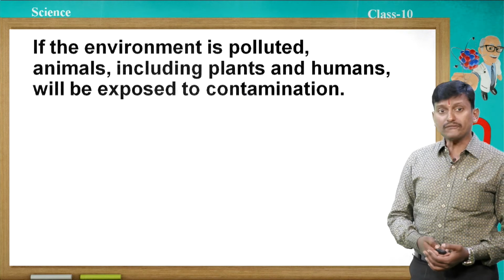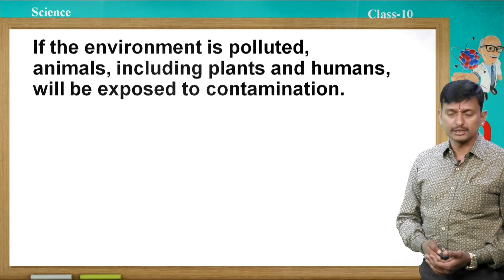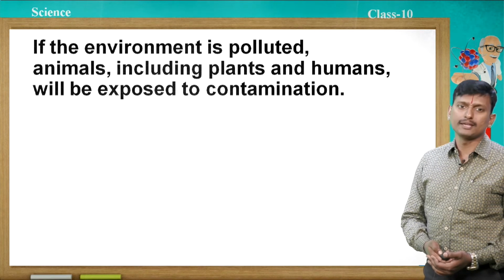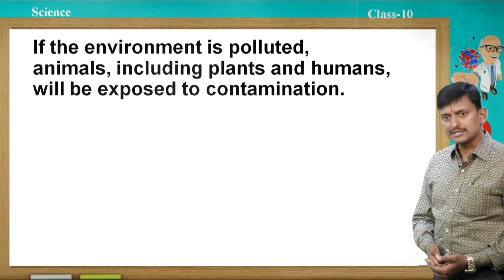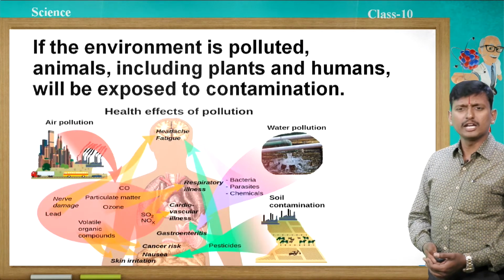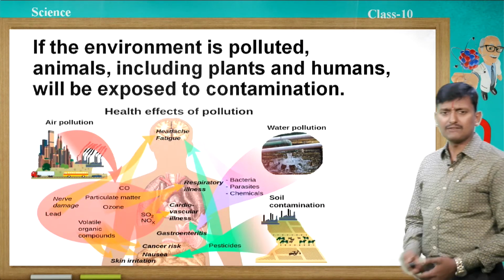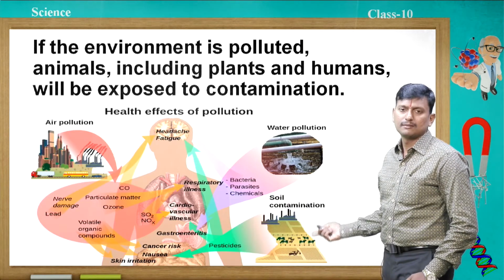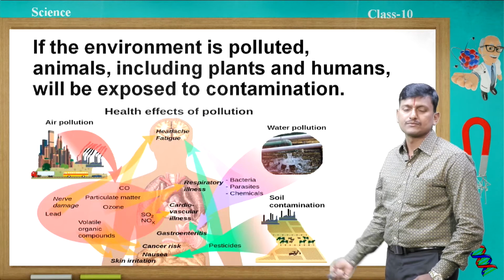Students, if the environment is polluted, animals including plants and humans will be exposed to contamination, keep in mind. Animals including human beings suffer from a variety of diseases due to environmental pollution.